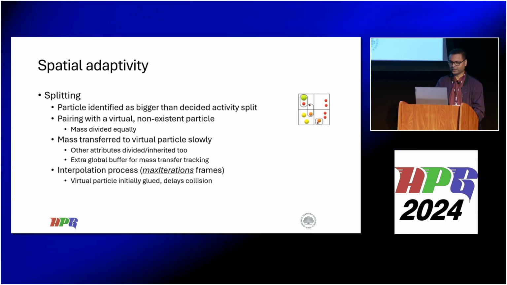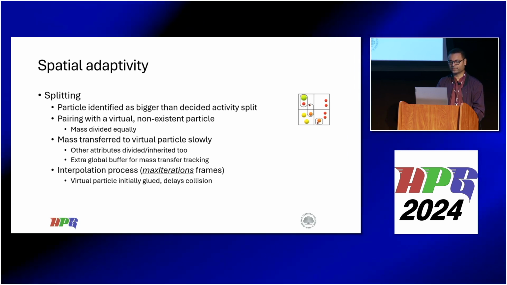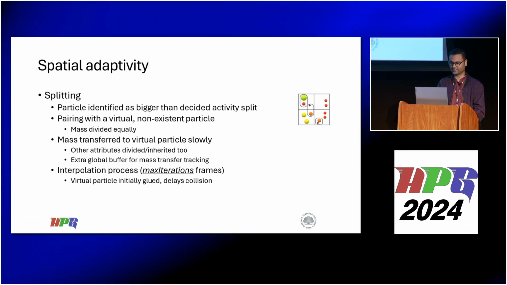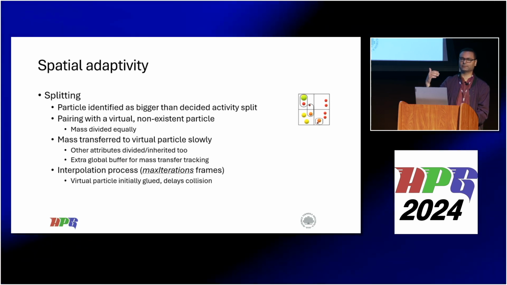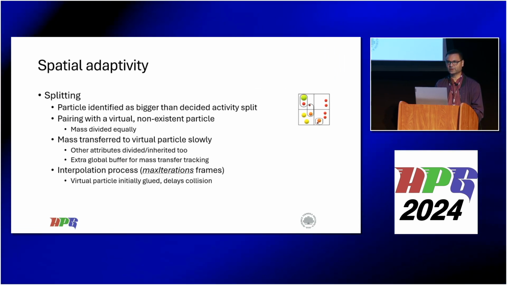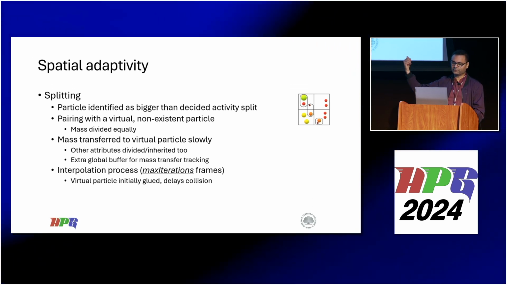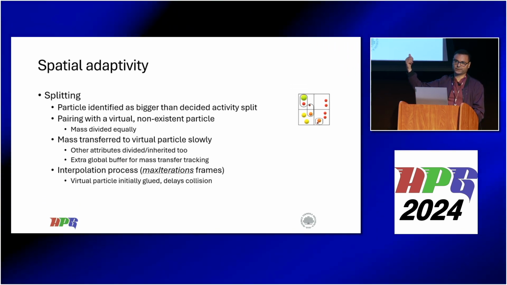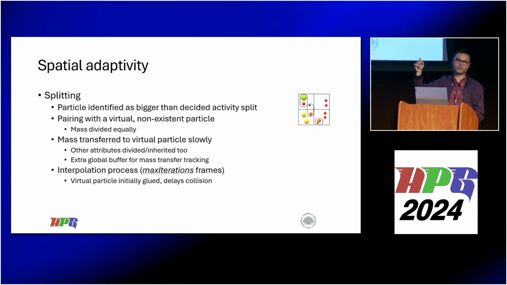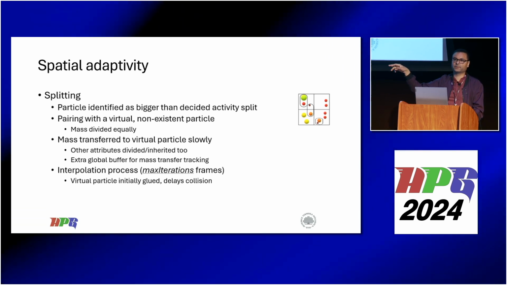Similarly, for splitting, once particles are identified which need to be split, for example, because they now have a higher activity than they had before in the spatial region, those particles are tagged for splitting. For that we create a virtual particle to start with. It's a virtual particle with zero mass, which is very close to the particle that's tagged to be split, also done in parallel with all the particles put in a buffer.